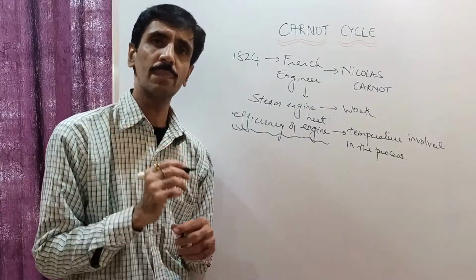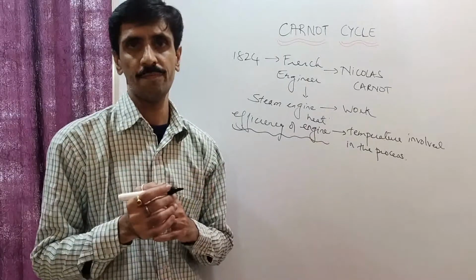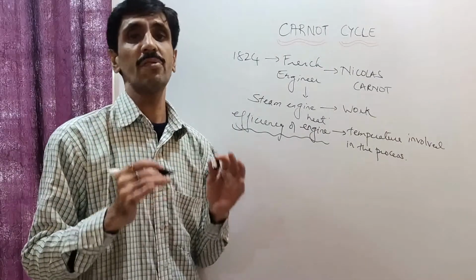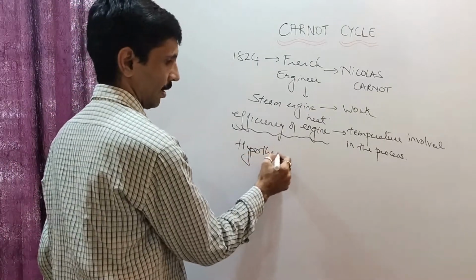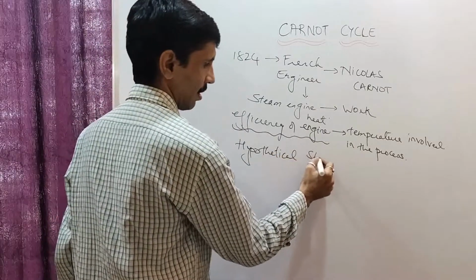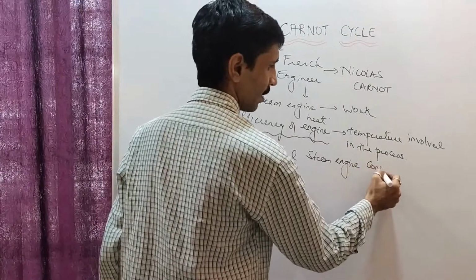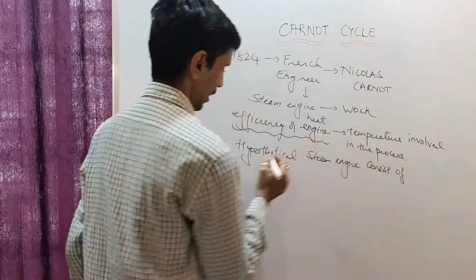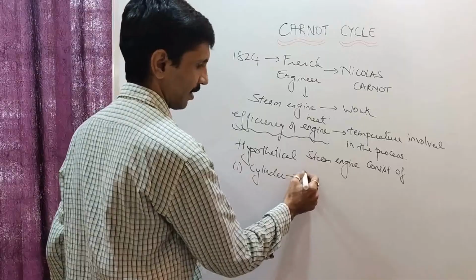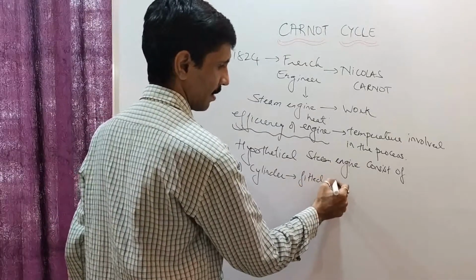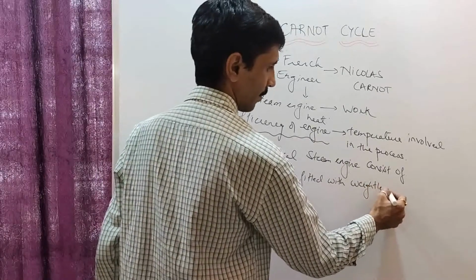And for this particular purpose, he proposed a hypothetical steam engine which consists of the following parts. So the hypothetical steam engine consists of the first part, and that is a cylinder which is fitted with a weightless and a frictionless piston.